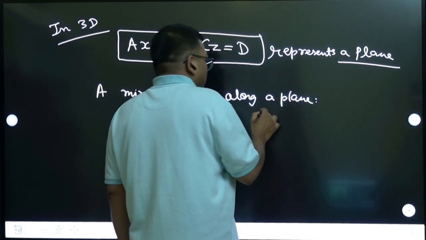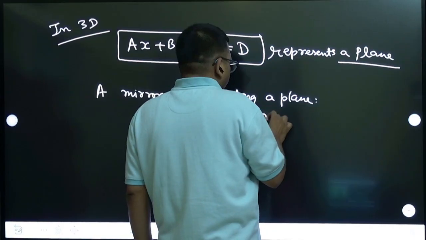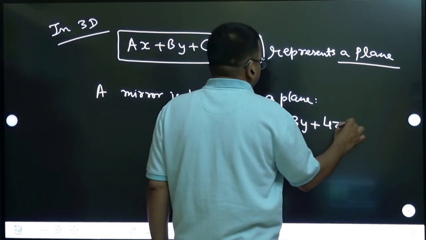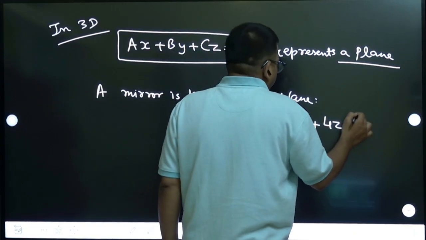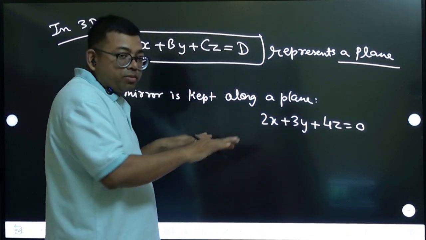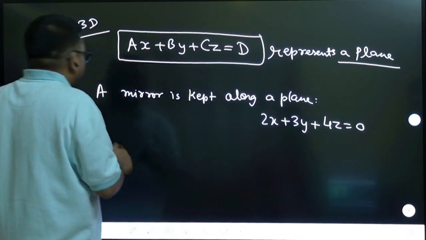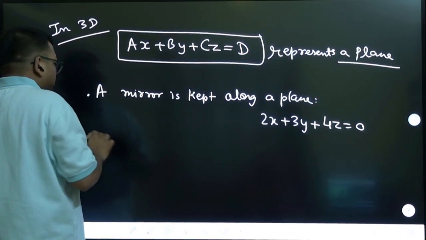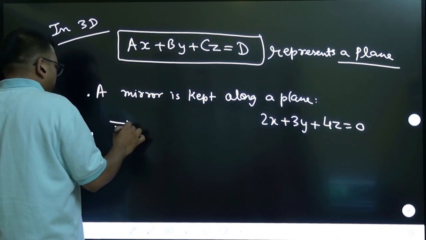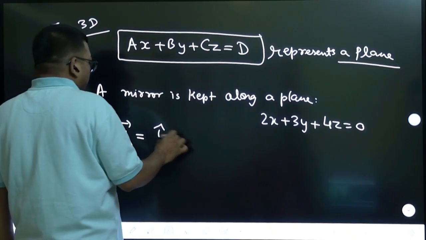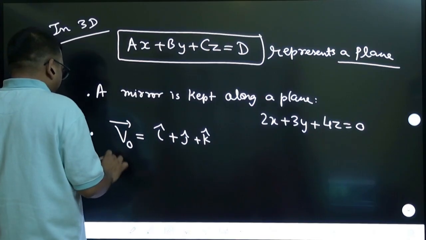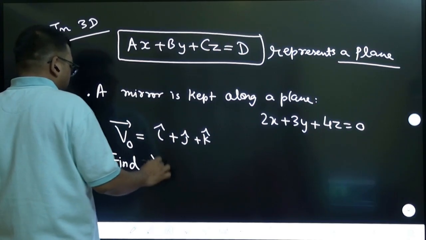The equation of the plane is given, let us say 2x plus 3y plus 4z equals 0. This is the equation of the mirror. They also give the object velocity, let us say i cap plus j cap plus k cap. Then they ask to find the image velocity.